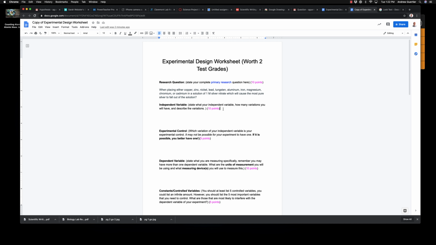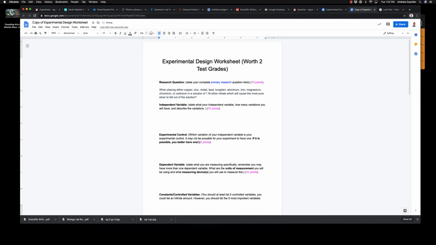The second part is you're going to state your independent variable. So what you're supposed to do is state what your independent variable is and how many variations you will have. Describe each variation. Okay, well, since I did such a good job of saying that in my research question, this is really easy for me, right? So my independent variable is different types of metals.